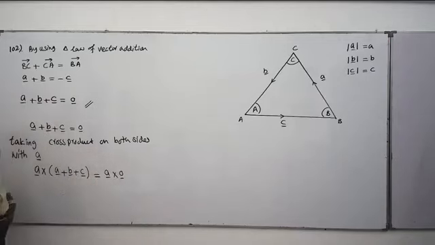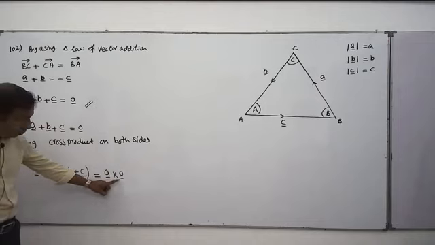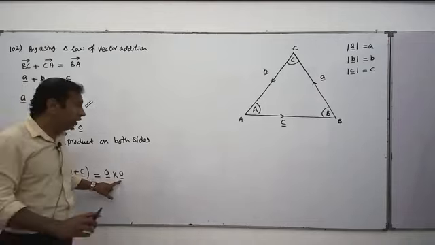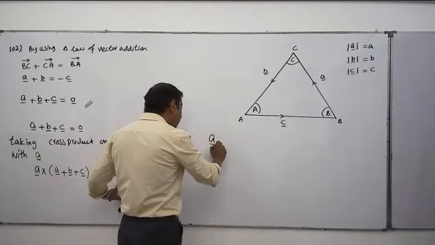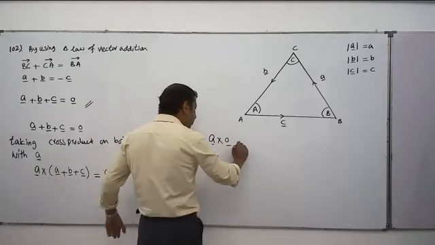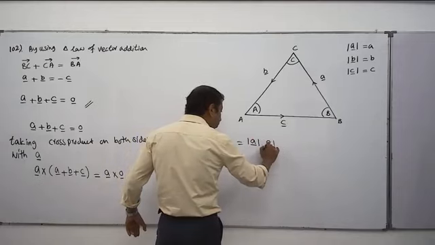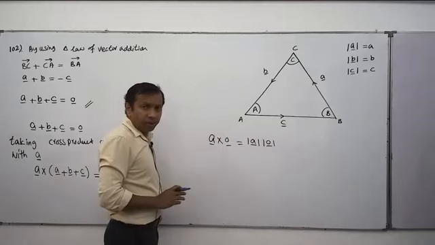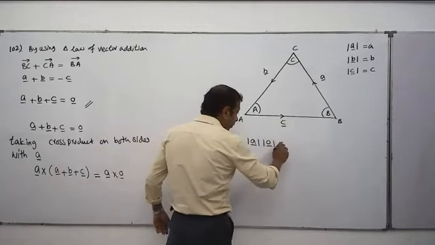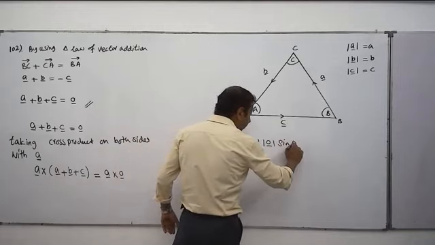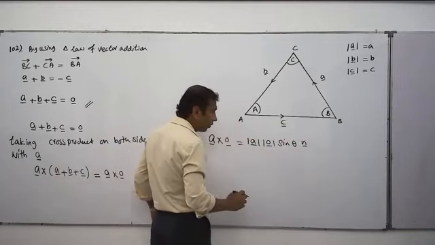People, whenever we take the cross product with a null vector, how do we define this? A cross null vector is the modulus of A, the modulus of the null vector, sine of the angle, and n also comes in.